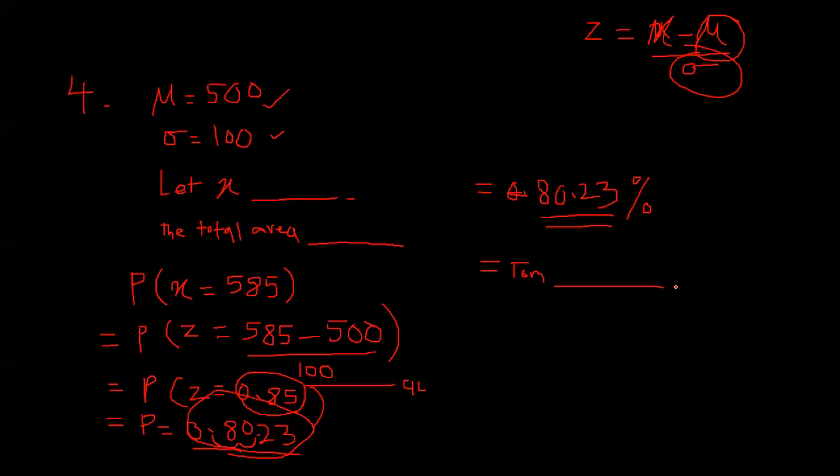So Tom will be admitted to this university. Again, the final answer is Tom scored better than 80.23% of the students who took the test, so Tom will be admitted to this university.